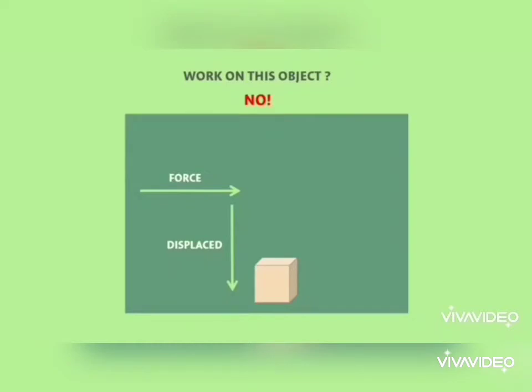But this is not a proper explanation. Here the work is zero, because the force is applied in one direction and the object is displaced in another direction. So the work here is zero.